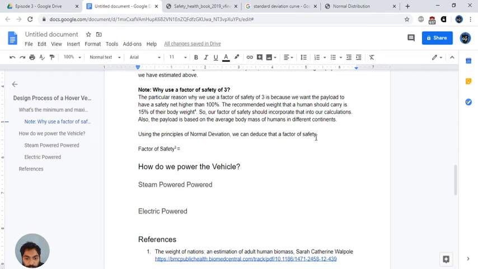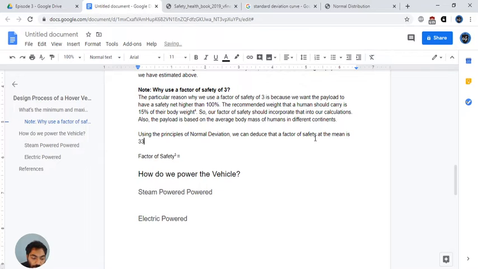So you understand that the factor of safety at the mean is 33% of the total data spectrum.